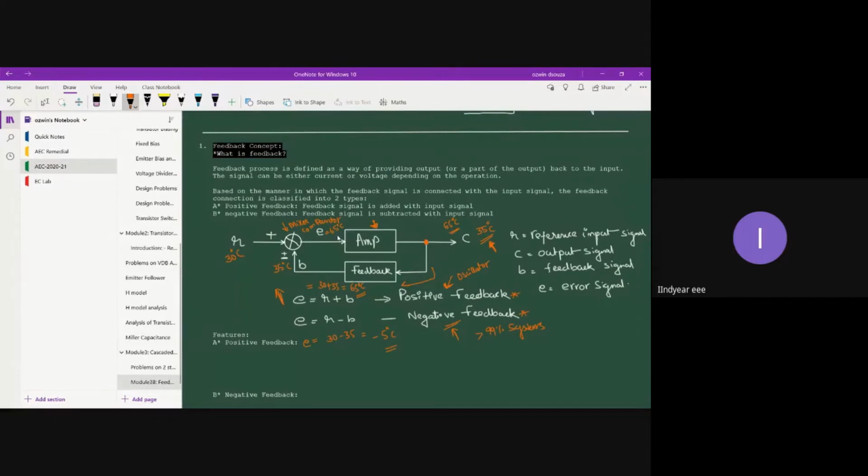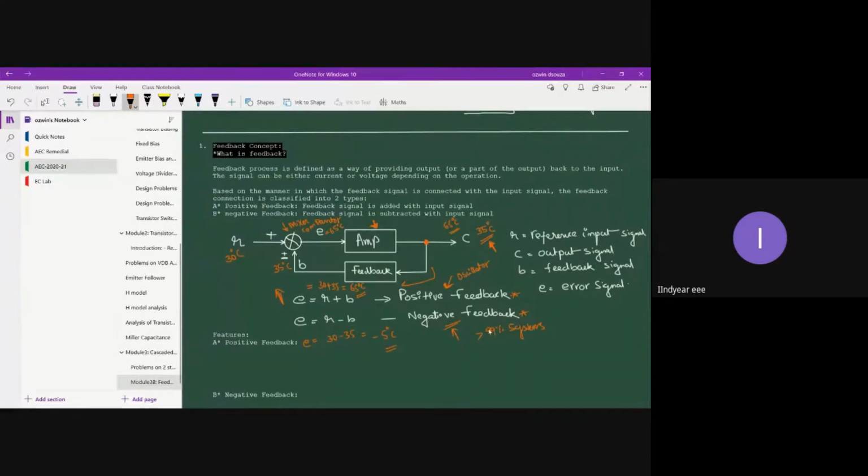The input is 65 degrees Celsius, so it simply tries to increase the temperature to 65 degrees Celsius. So the whole objective is lost. The set objective was to keep the room temperature at 30 degrees Celsius, but due to the positive feedback mechanism, the room temperature has gone up to 65 degrees Celsius. That's the reason you will not find positive feedback mechanism in our day-to-day consumer electronic products.